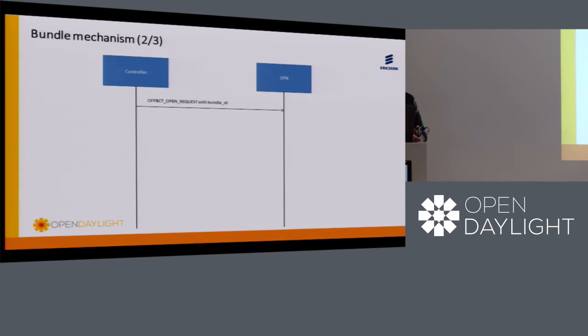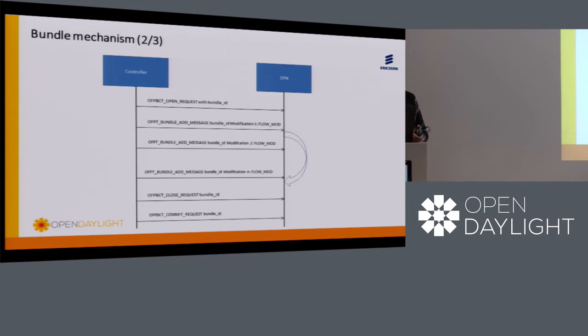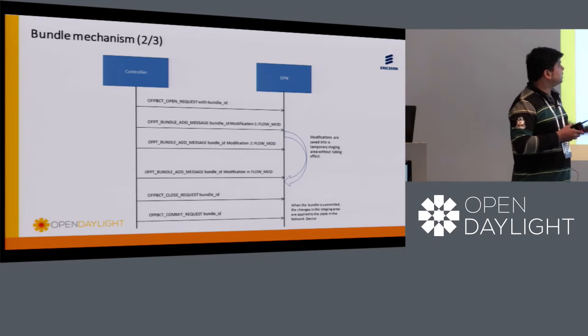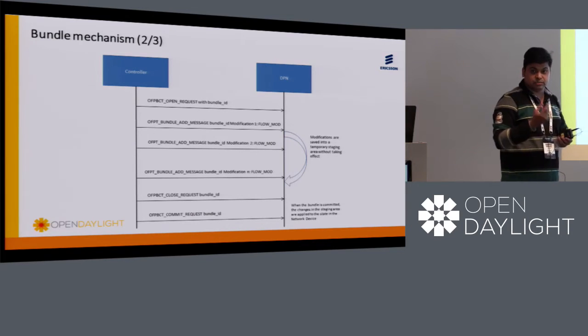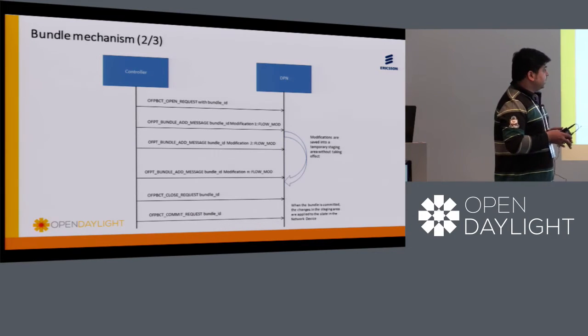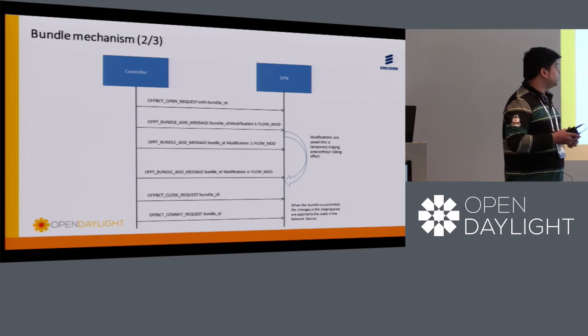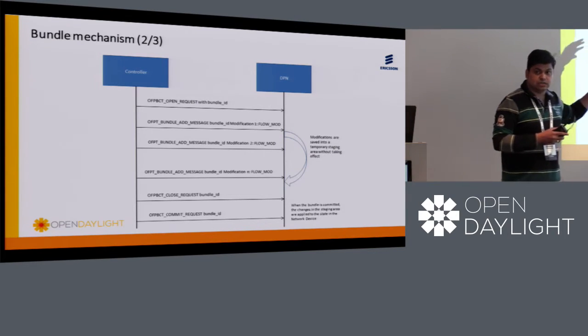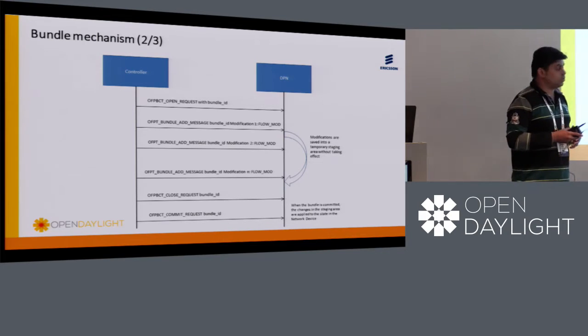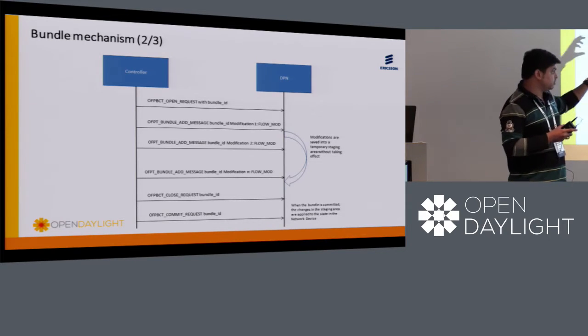So this is a sequence diagram for explaining the same thing. So how does it work? The controller starts with the open request with a unique bundle ID, and then this OFPT bundle add message will have all the OpenFlow messages encapsulated.